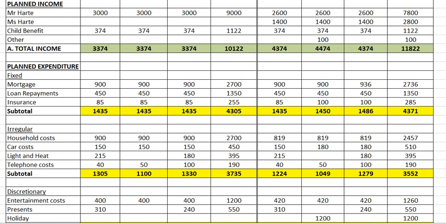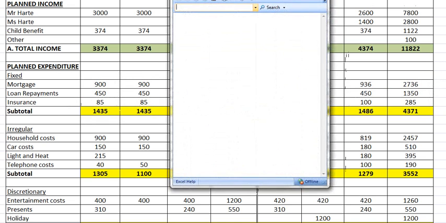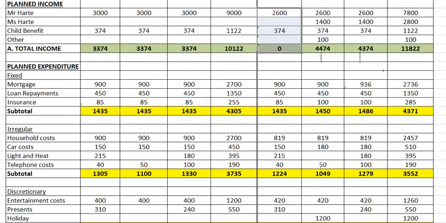Because what I've done is I didn't read correctly. Miss Hart actually only started her job in August, so she's not getting that money there. That's my bad. Sorry about that. System goes AWOL. Okay. There we go.